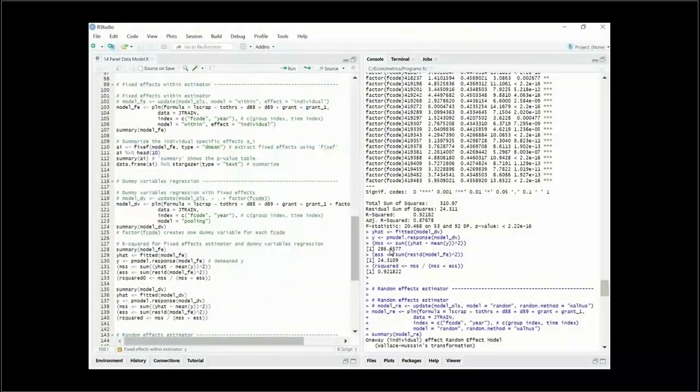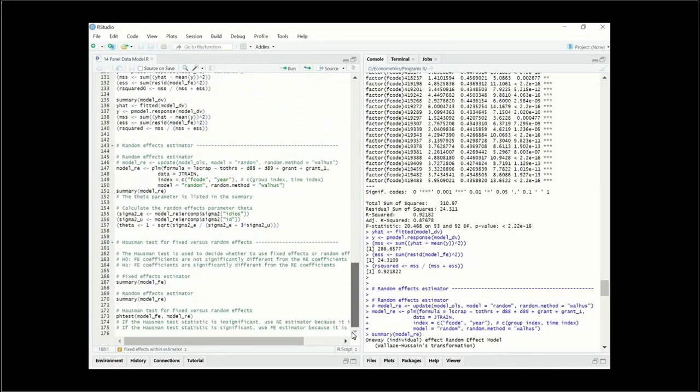Whereas here we still have a lot of variation in the variables that we could be explaining. So that's always one of the properties of the fixed effects within estimator versus a dummy variable regression. The R square is going to be much higher if we just use a dummy variables regression to portray the fixed effects.